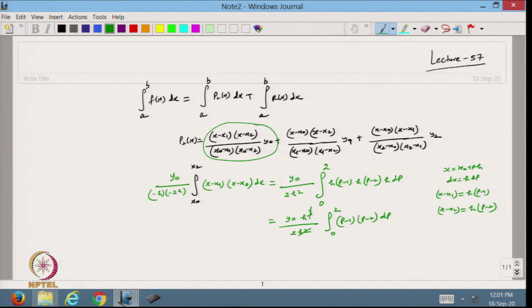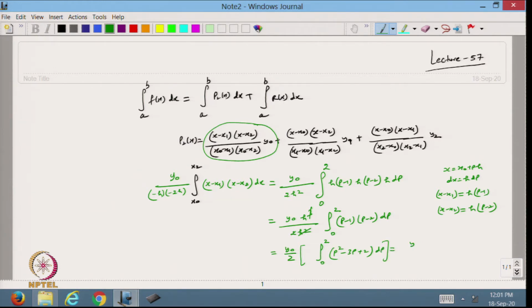This h square will go with this. So, this is equal to y0 by 2, and then the integration from 0 to 2 of p square minus 3p plus 2 dp.